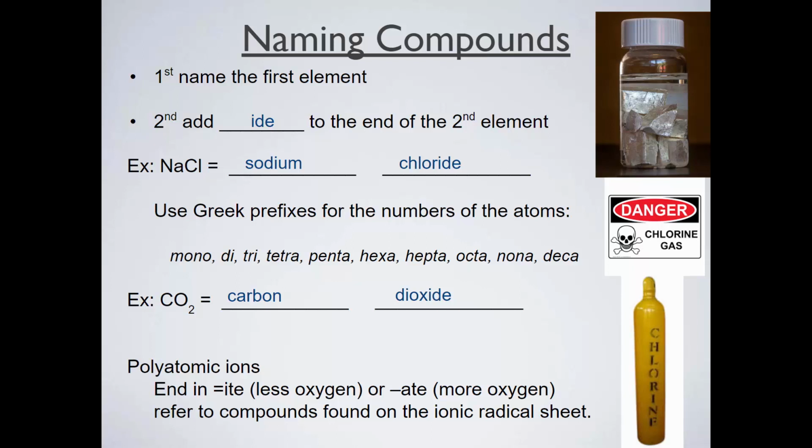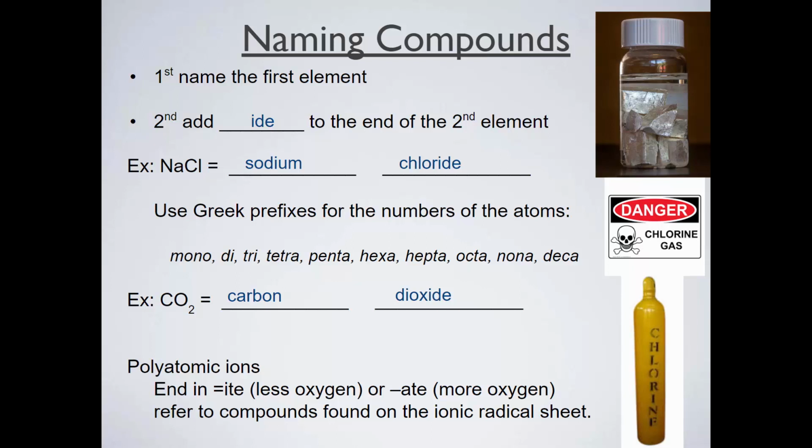Wait, that makes no sense. How is it dangerous with one oxygen? Because it changes the properties. So by changing the number of elements or which elements there are in a compound, it can drastically change the properties. Just like I told you the other day about sodium chloride. Sodium, a reactive, dangerous metal.